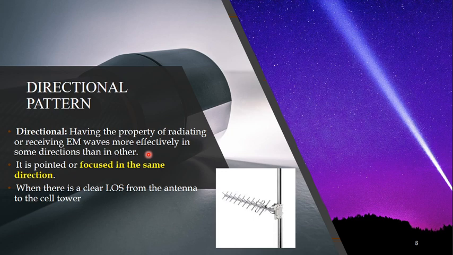Such kind of antennas where line of sight communication is possible, which means there will be a clear direction from the source to the receiver, such antennas are called directional antennas, and those kind of patterns are called directional patterns. So in one direction, there will be maximum radiation when compared to the remaining directions.